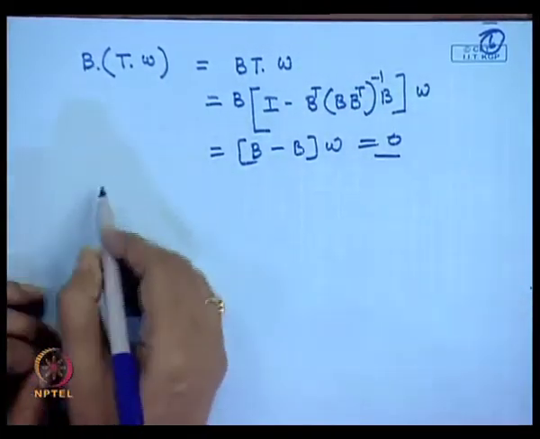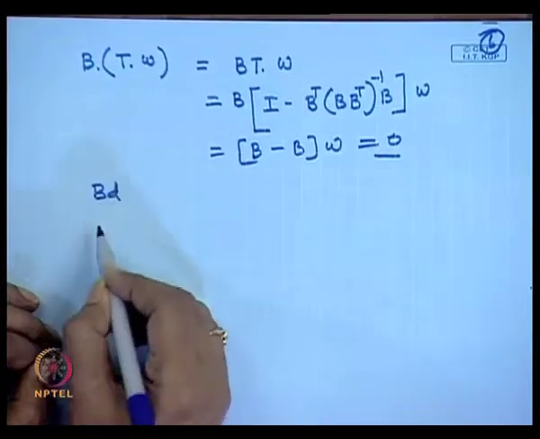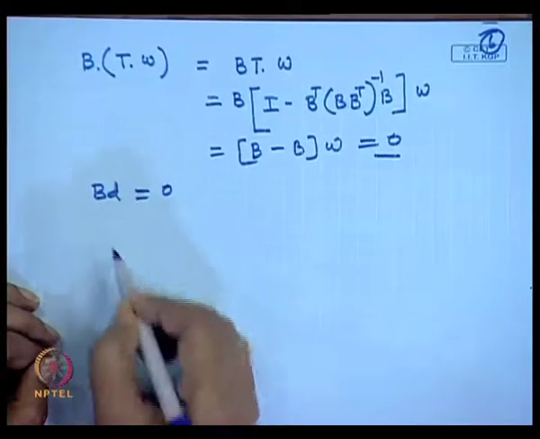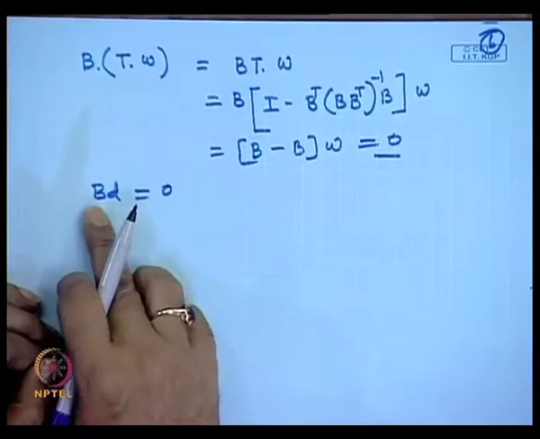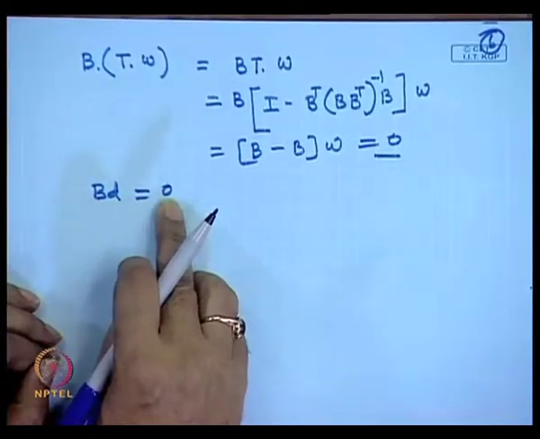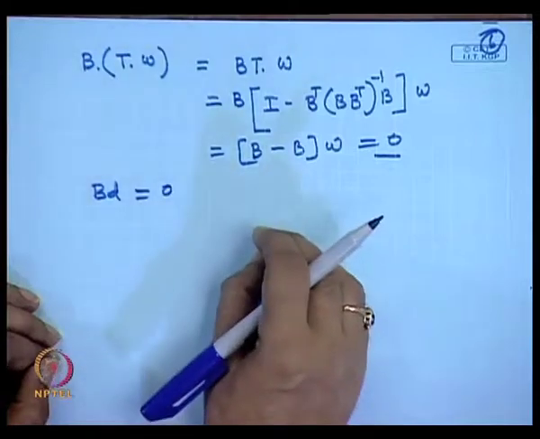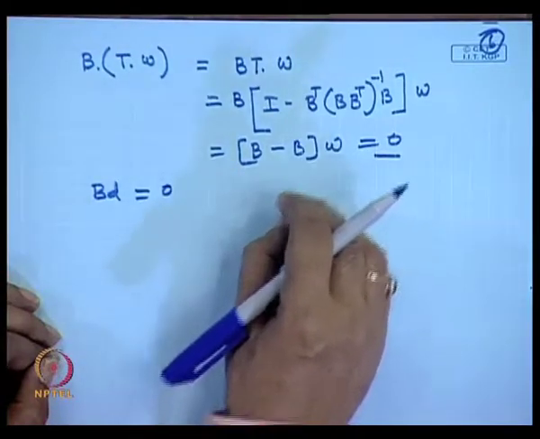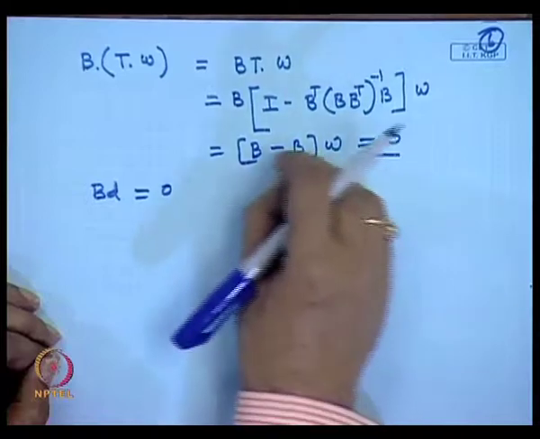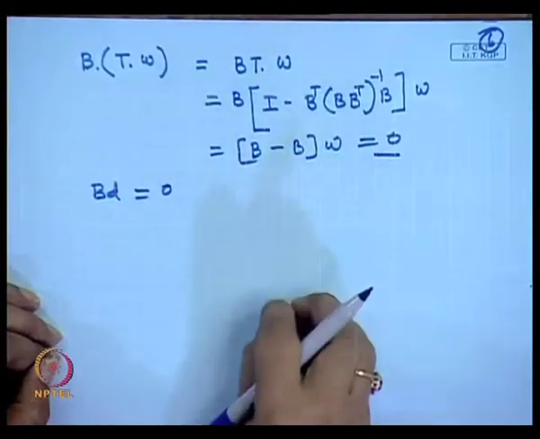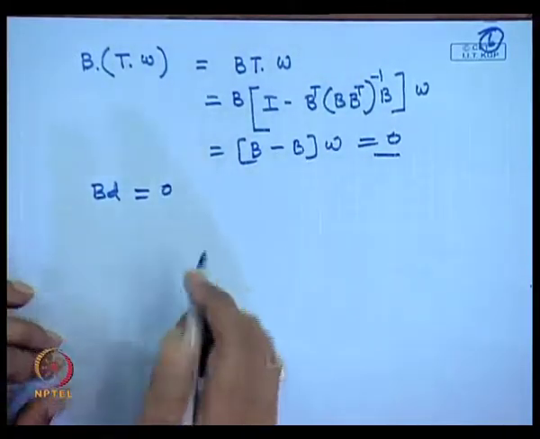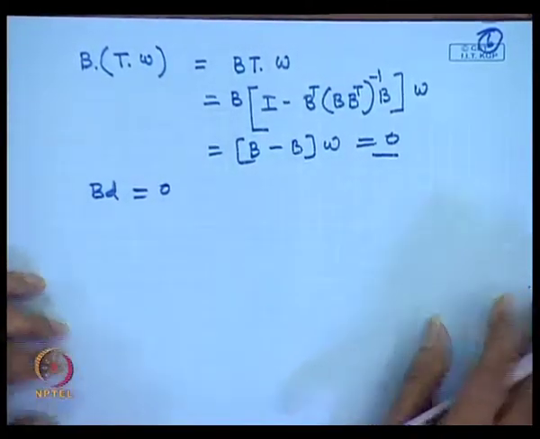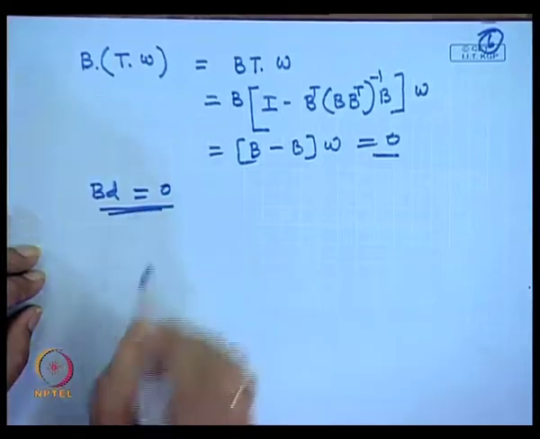So, our condition is B into D is 0, which indicates the direction D should be such that B into D is equal to 0. Then that means we moved from the initial point to another point which is also an interior point in our transformed coordinates. So, this is our direction, we got it.